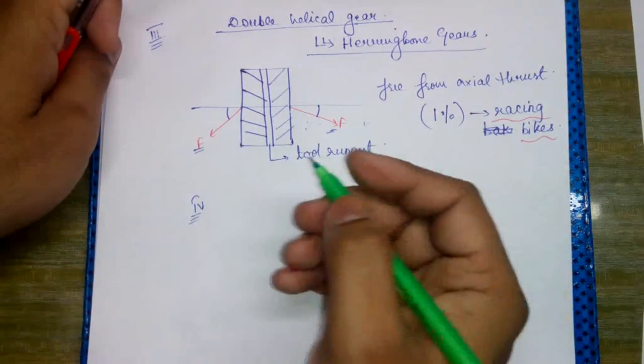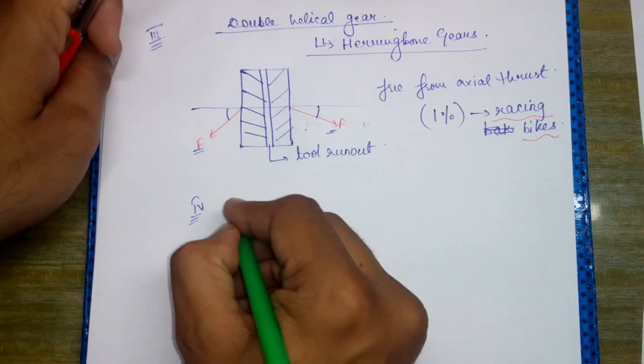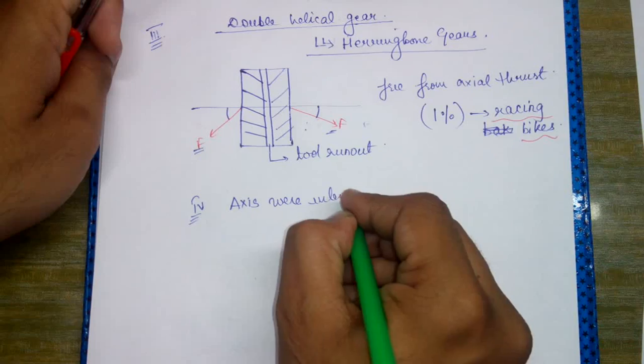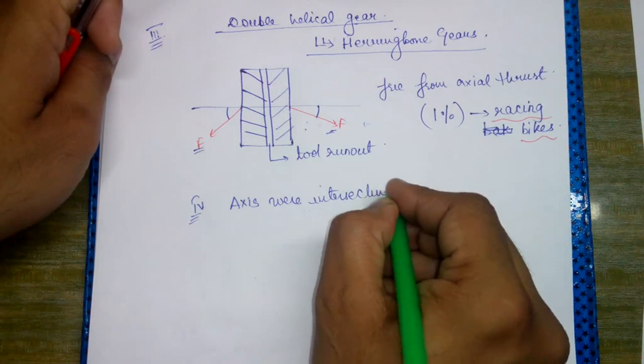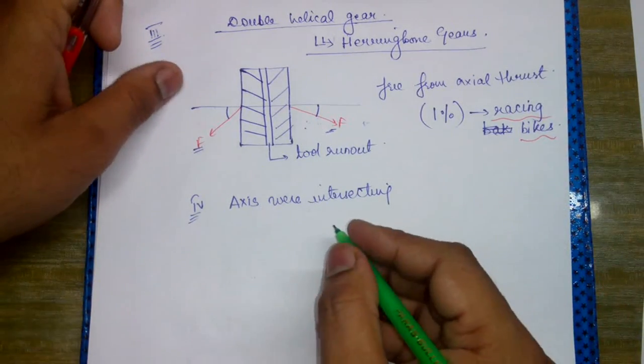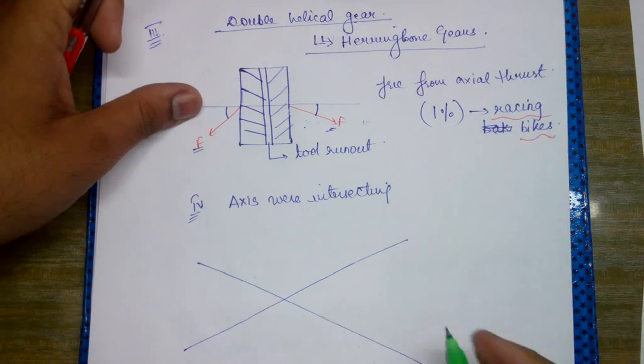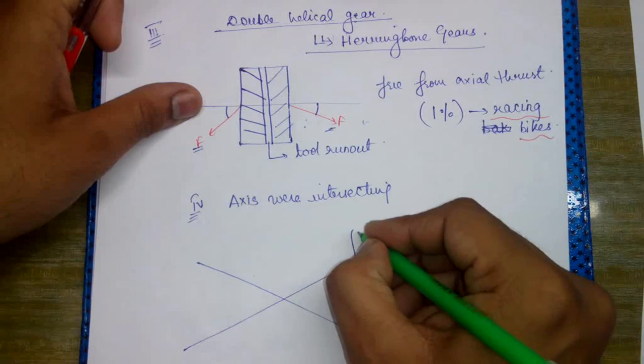Now the fourth category of gears were when the axes were intersecting, for example, one axis was like this and the other axis was like this.